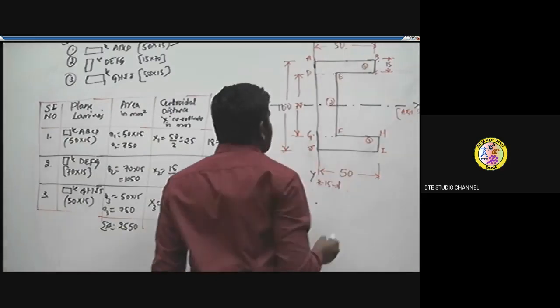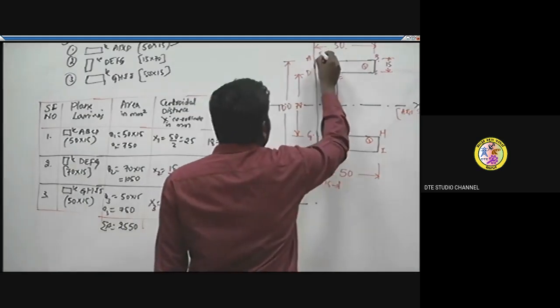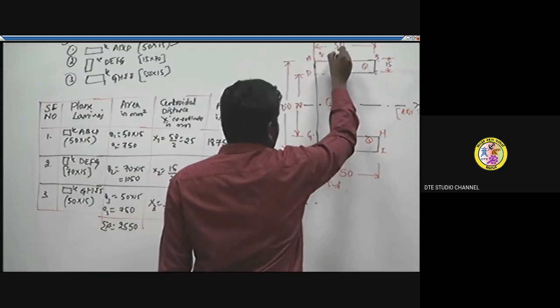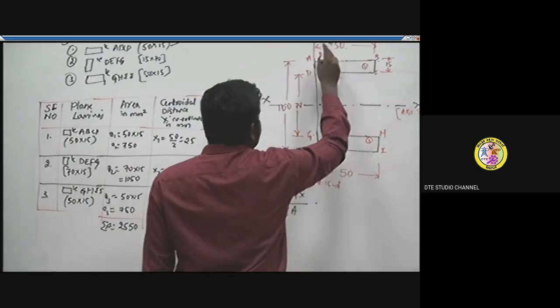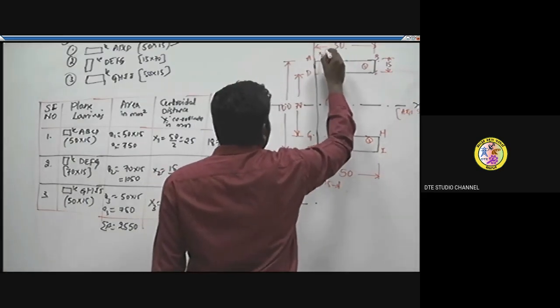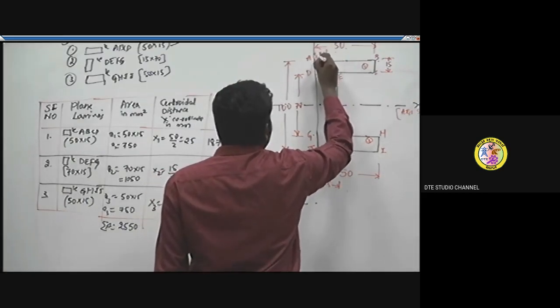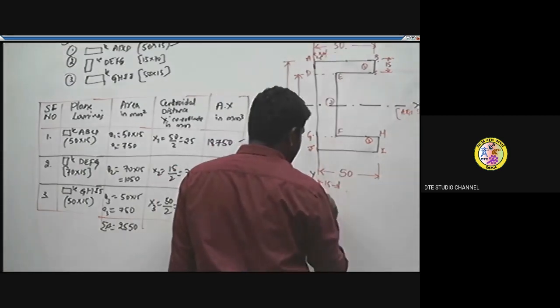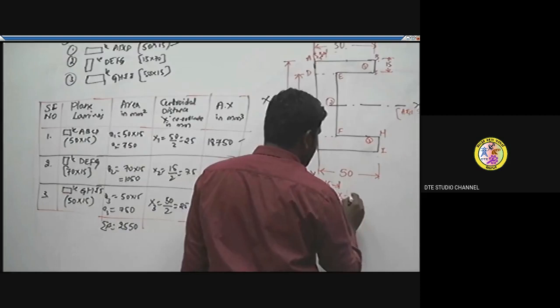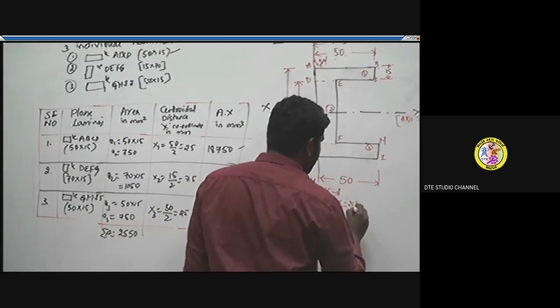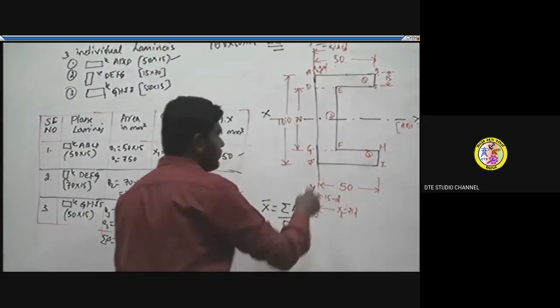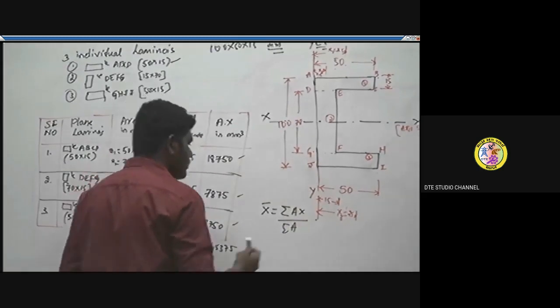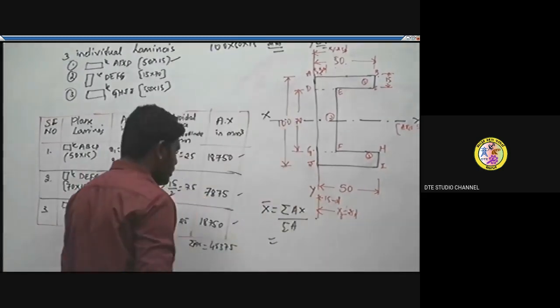Next, x2 is 15 by 2, that is 7.5. This is x2, and similarly x3 is 50 by 2, which is 25. Just substitute these values from the figure, as we already know.